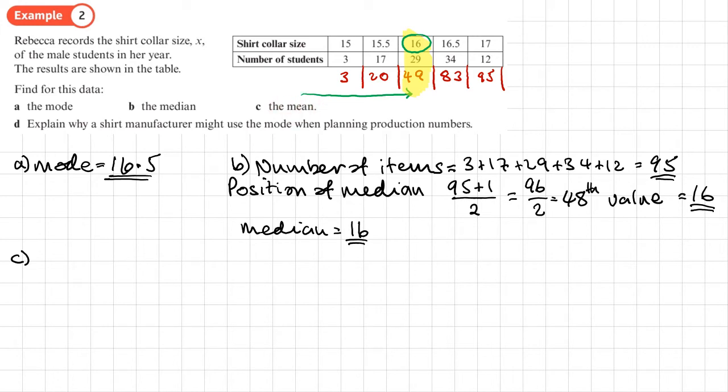And then part C, we want to find the mean. Seeing as this is a frequency table, the mean is the sum of the frequency times the data divided by the sum of the frequencies.